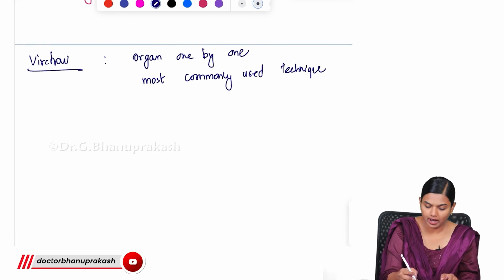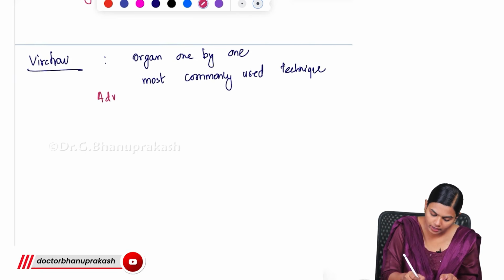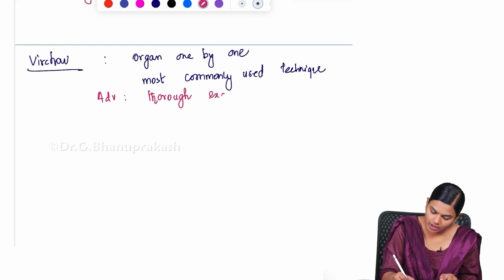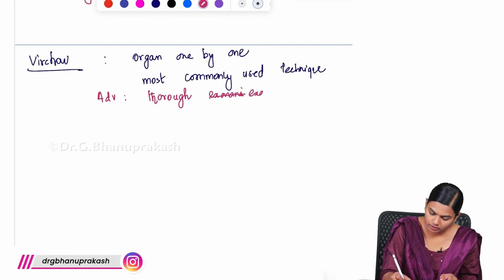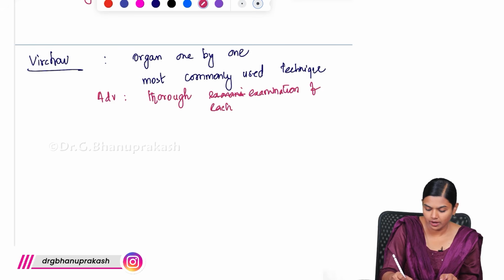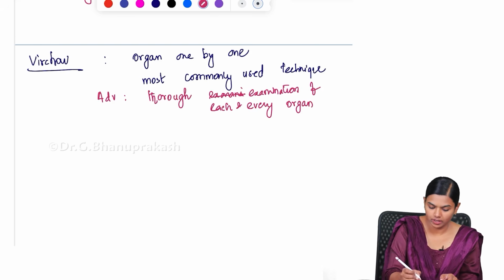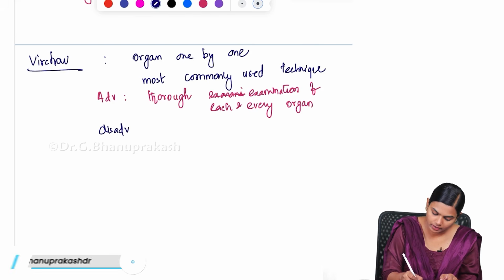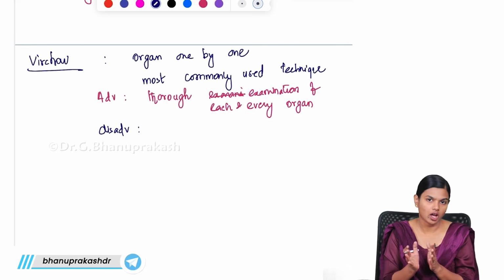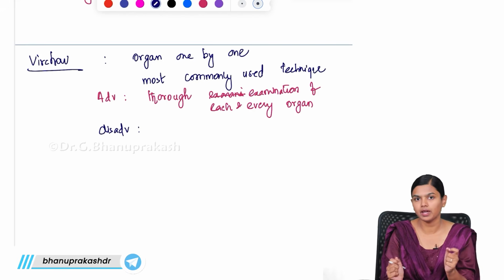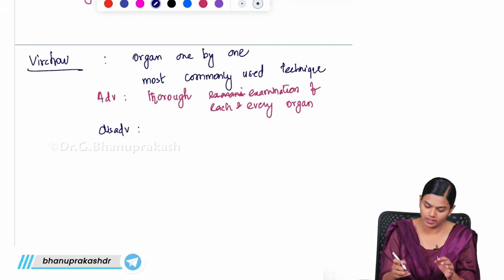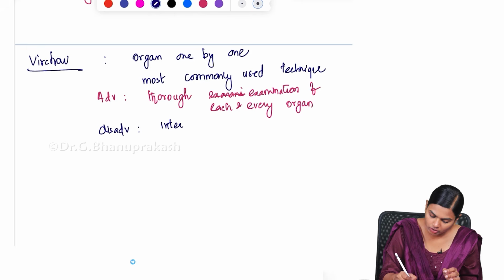Now the main advantage here is that thorough examination of each and every organ can be done. You can do a detailed study. But there is one disadvantage: the interrelationship between the organs, the regional lymphatic supply, the vascular supply, all those interrelationships will be missed out.